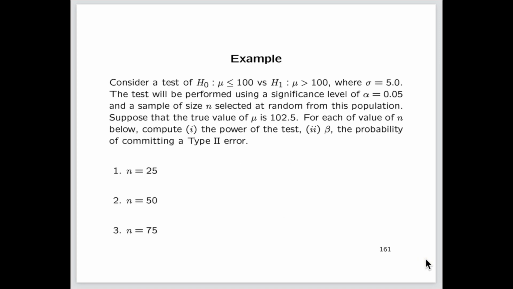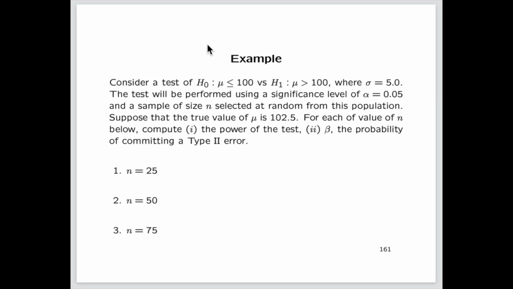Now in the next example, we investigate what happens as we increase the sample size and the impact that has on the power of the test and on beta, the probability of committing a type 2 error. So again, let's consider the right-tailed test where the null hypothesis says that mu is less than or equal to 100 versus the alternative hypothesis which says that mu is greater than 100. Again, the population standard deviation is 5.